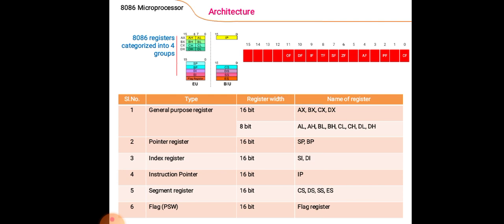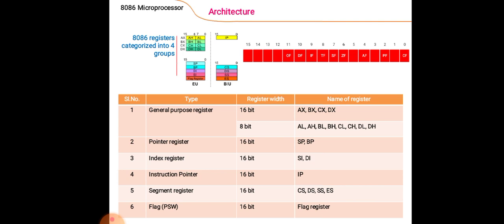For pointer registers, we have two 16-bit pointer registers, SP and BP. We have two index registers, SI and DI, which are used for string operations. Then the instruction pointer, which is 16-bit. All the pointers are used for push and pop operations.